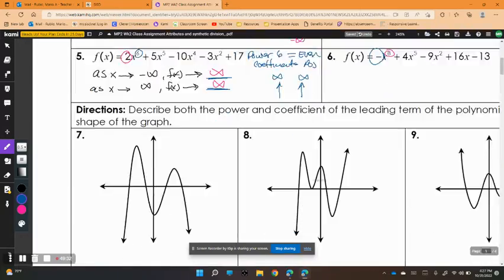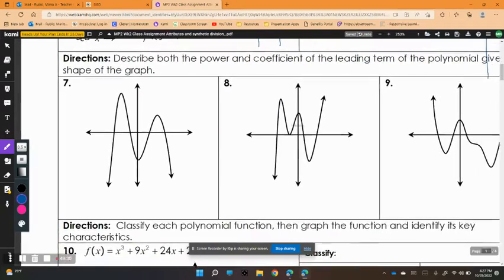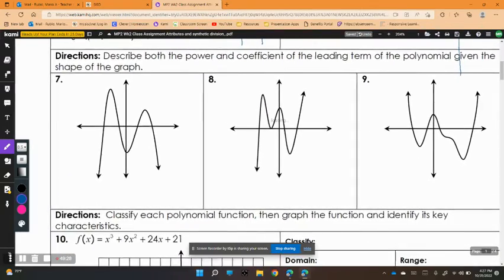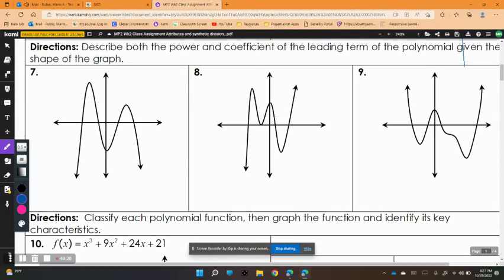Okay, let's take a look at the next ones. Describe both the power and coefficient of the leading terms. So we're kind of doing the same thing here, except we're going in the opposite direction. Instead of looking at the equation and trying to figure out the exponent and the leading coefficient, we're looking at the graph and we're going to back out what the power is based on the direction. So look, all we have to do is inspect the graph and see that the left is going down and so is the right.